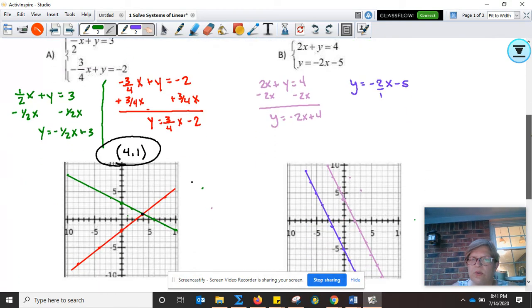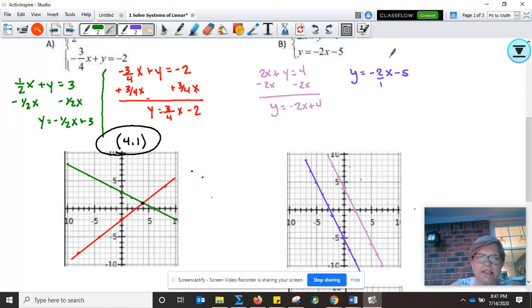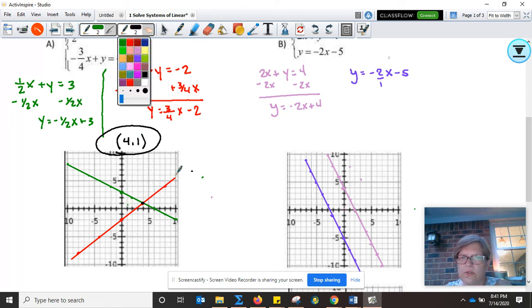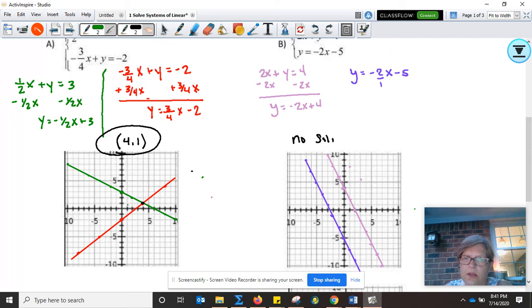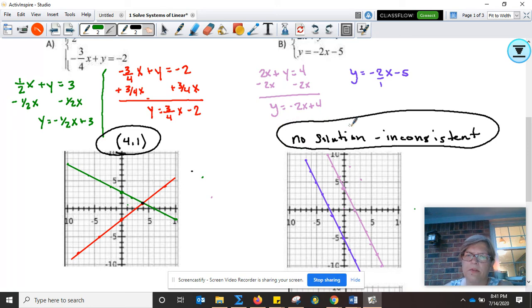So there is no solution and they are inconsistent. So let's write that here. No solution. They're inconsistent. Let's put parallel.